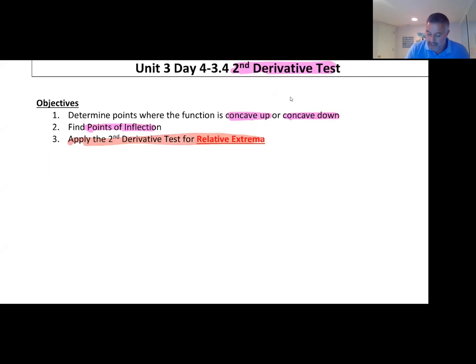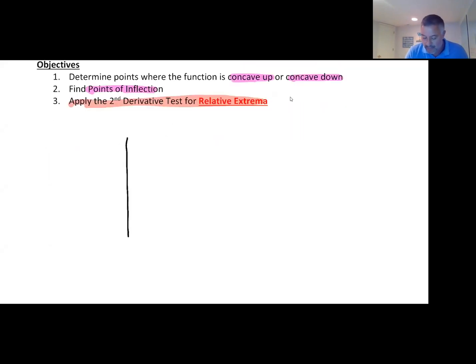So I'm going to draw two pictures. They're both going to look like parabolas. I can't draw straight lines today. There we go. All right.